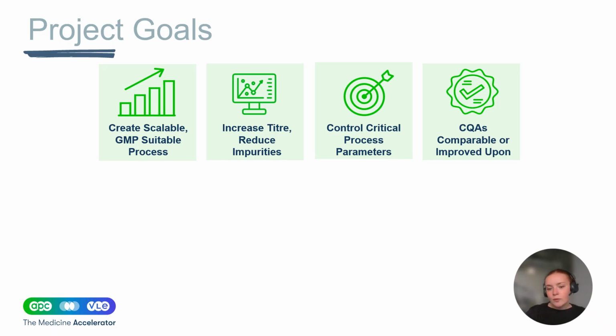For our scale up, we used computational fluid dynamics and other types of modeling and our in-house iTransfer engineered design package, essentially ensuring that any tech transfer we do from the client into APC and then APC into VLE is done in a methodical and risk assessed way. And our engineers in process development were also our engineers in the MSAT space, and our VLE engineer would have followed throughout the process as well.